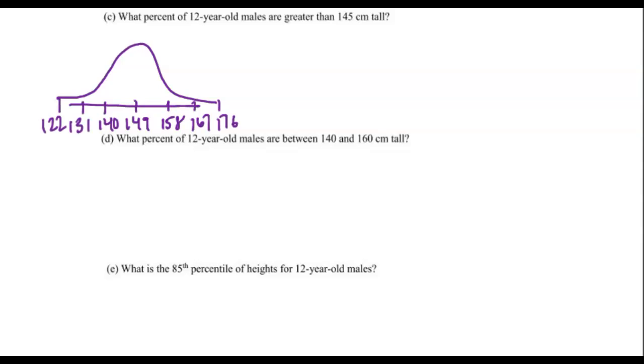Okay, so that way you always have a good picture of what you're looking at. In this case, we're looking at 145. 145 is going to look probably right about there. And then we want all of the heights that are greater than 145.